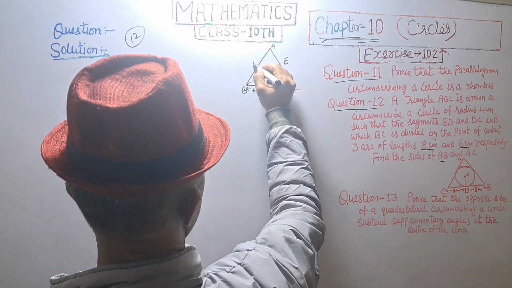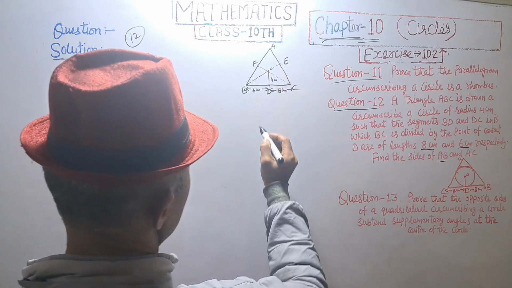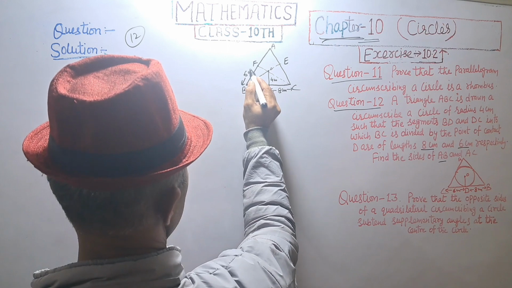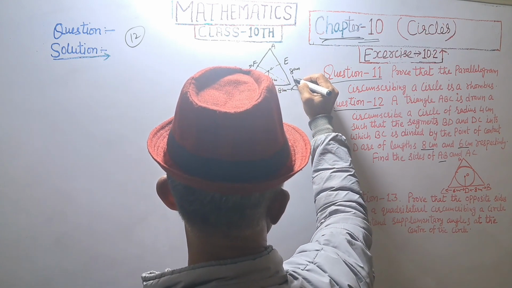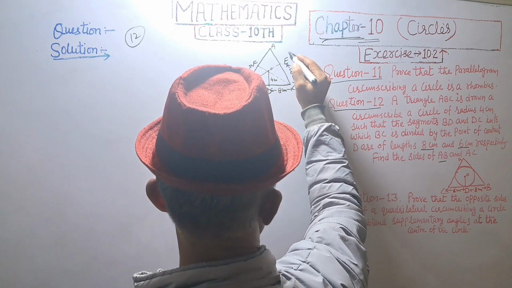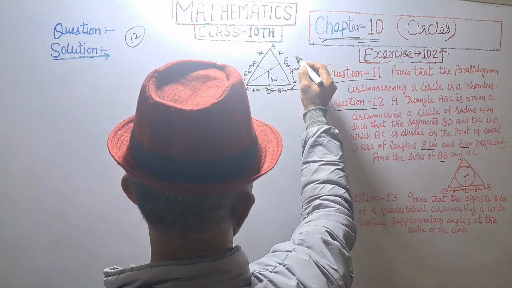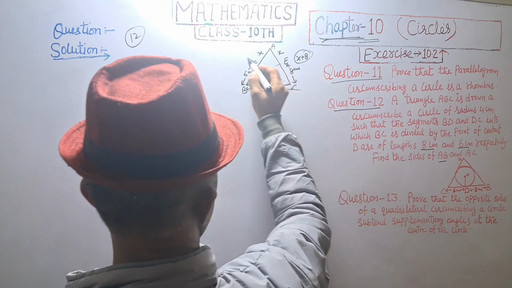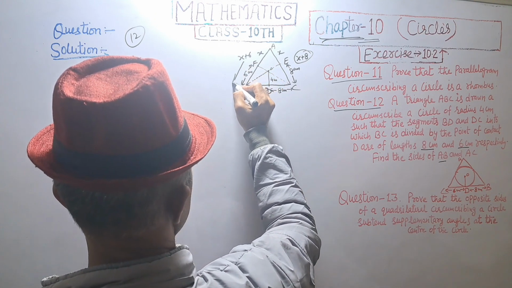E, F, and this is 6 centimeter, 8 centimeter, and this is X, X. So the total sides are X plus 8 and X plus 6.